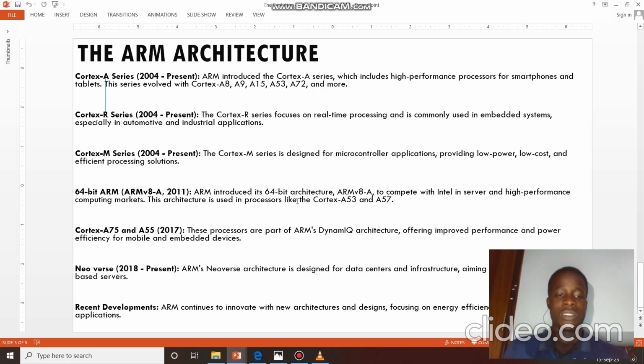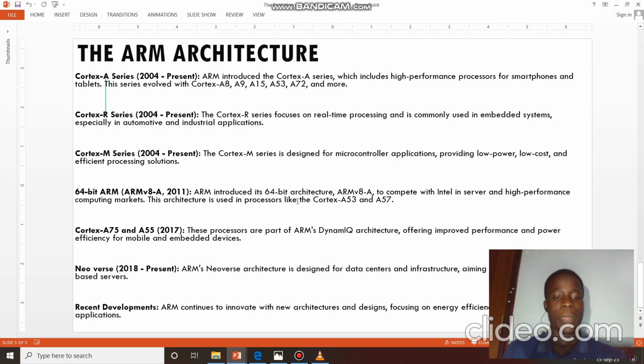The Cortex M series were designed for microcontroller applications, providing low cost and efficient processing solutions.